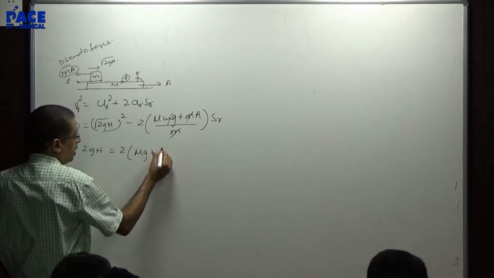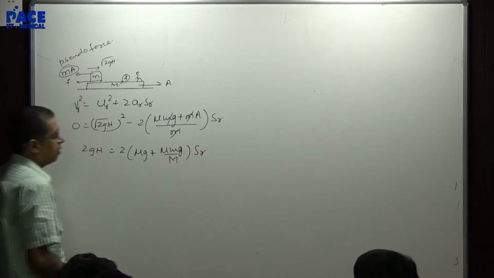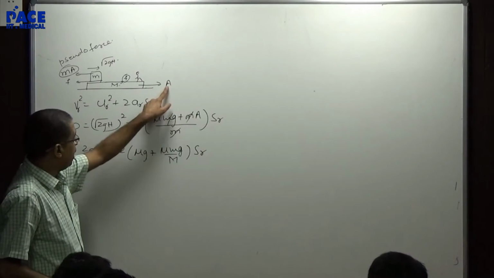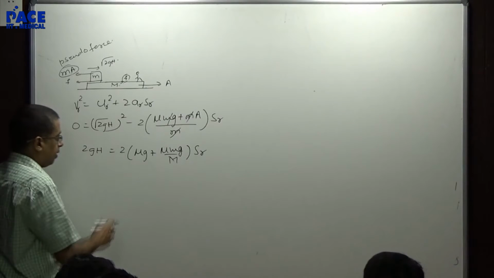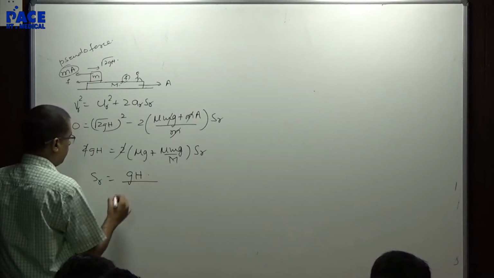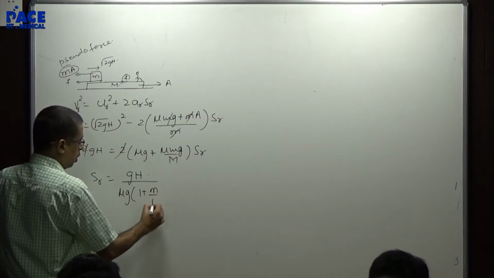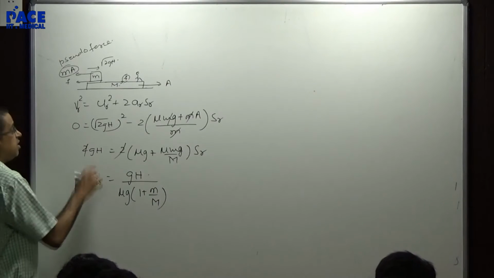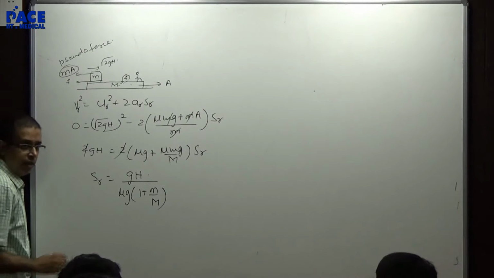Frictional force by capital M, mu small m g by capital M. Capital A will be frictional force divided by capital M. SR is gh upon mu g into 1 plus small m by capital M. This is the relative displacement of small m with respect to capital M.